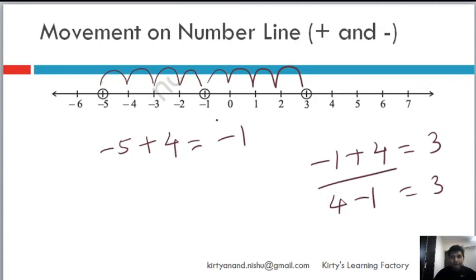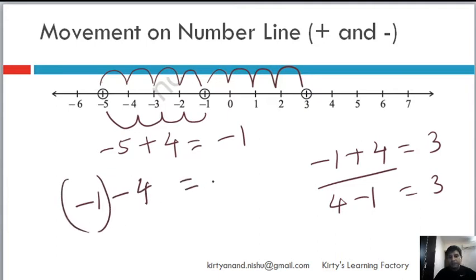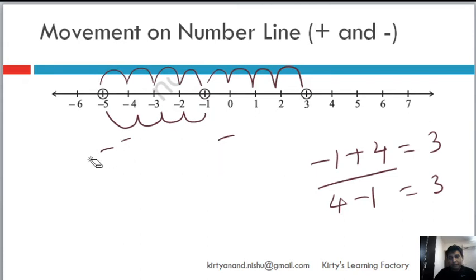Now if we have to go from minus 1 to minus 5, what do we do? We remove 1, 2, 3, 4, which means that we subtract 4 units from minus 1. So minus 1 minus 4 equals minus 5. Correct? I don't know if you guys remember, but we did talk about this.